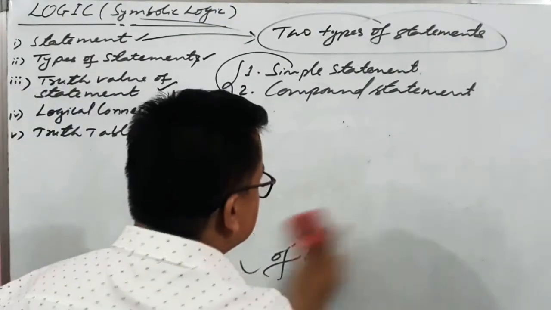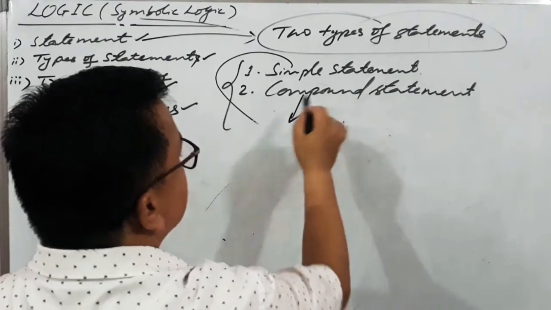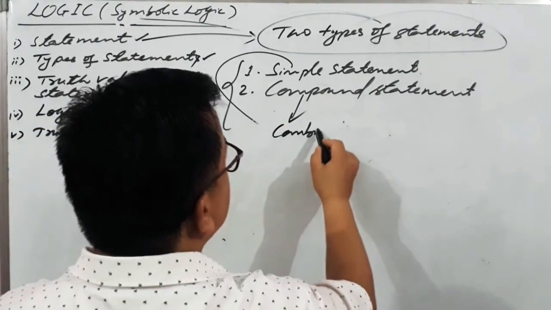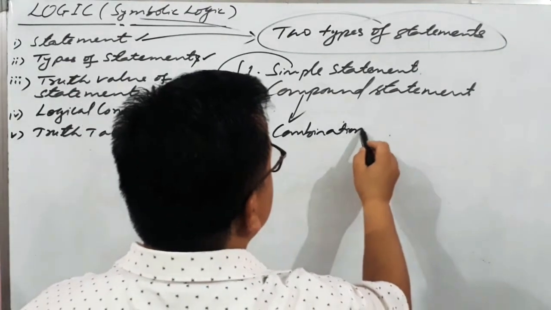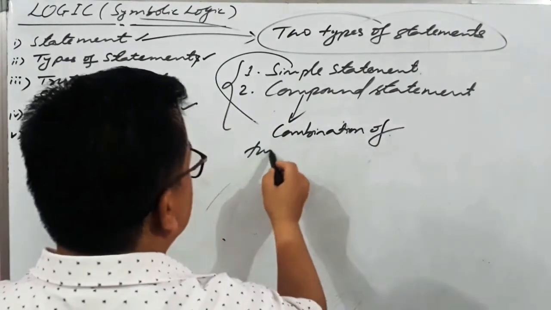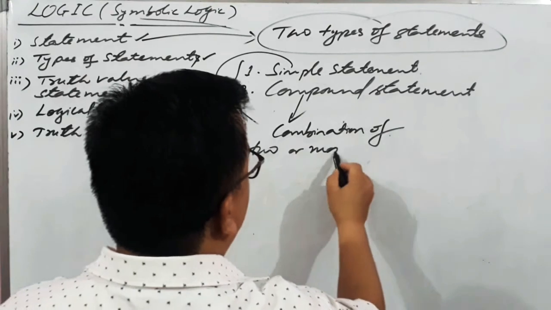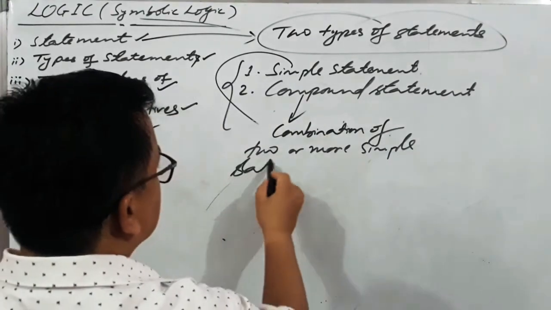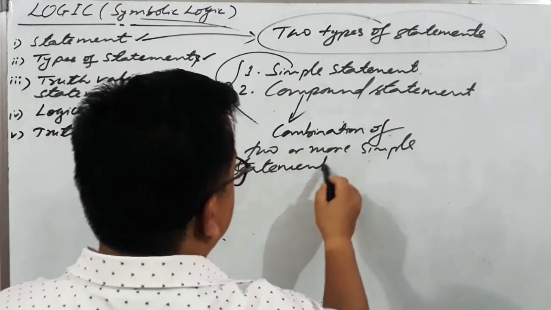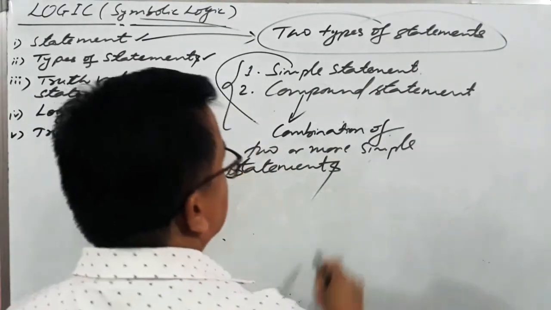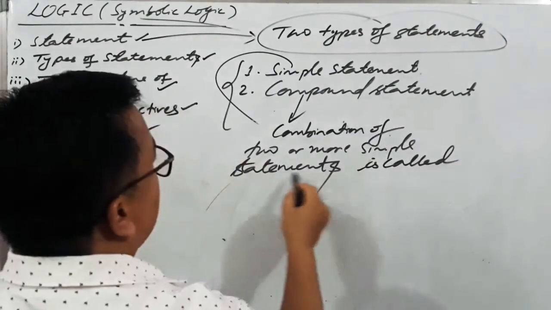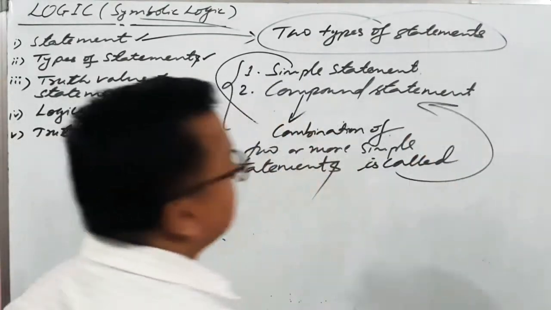Compound statement. The simple definition I'll provide you: the combination of two or more simple statements is called a compound statement.